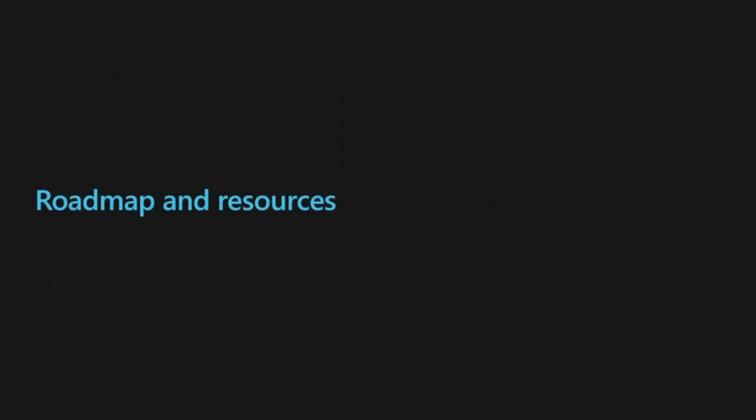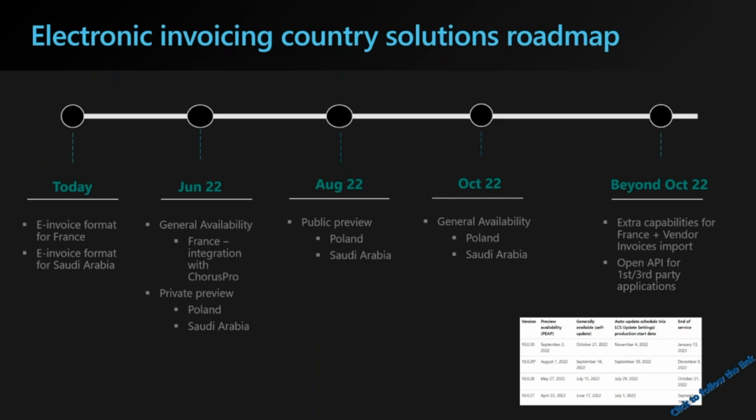And now we will take a look at the roadmap and at the resources that are very useful to refer to. According to our roadmap and release of the functionality, now I will be talking not only about France, but other two countries and other extra capabilities.